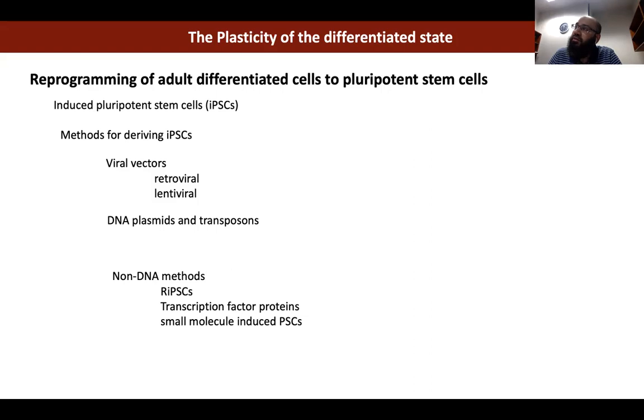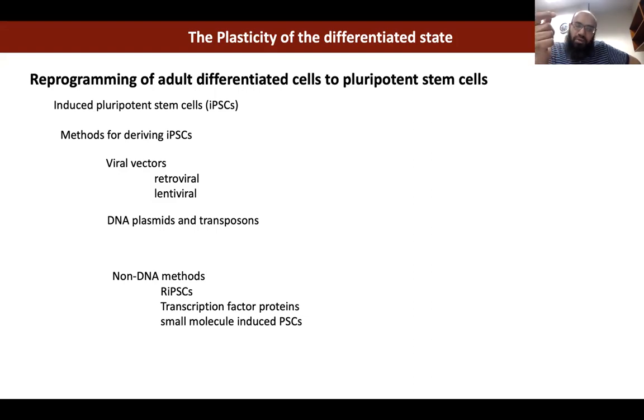So the lentiviral vectors... sorry, I beg your pardon. So the retroviral vectors can only work in the cycling cells. So they cannot transfect, for example, the end cells like muscle cells or nerve cells.